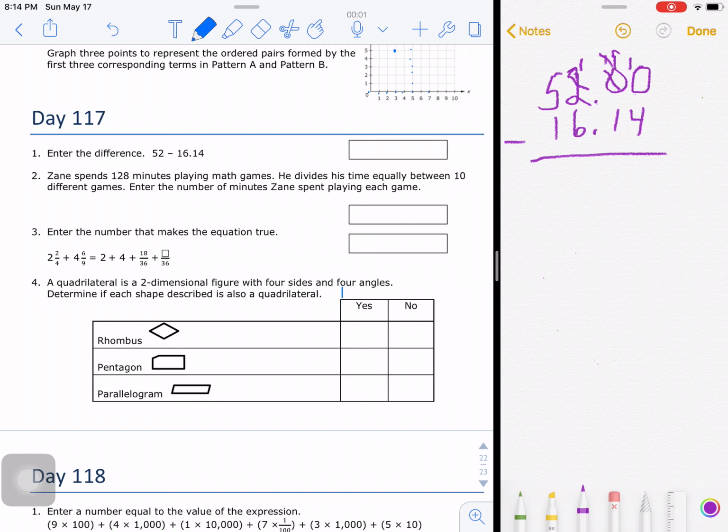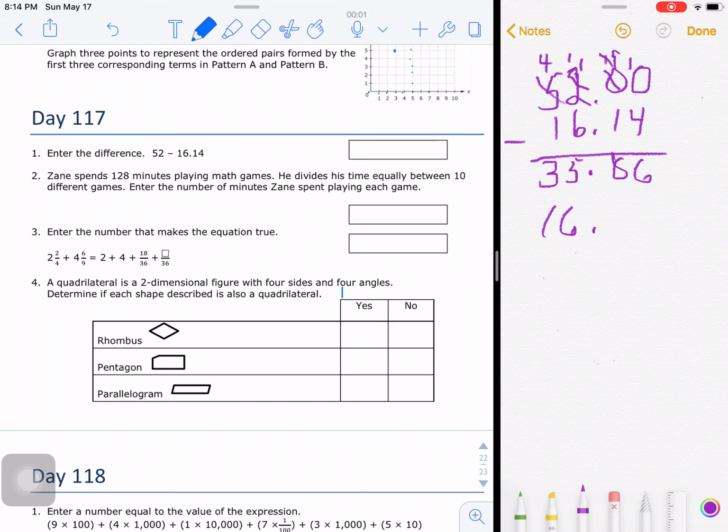So 10 minus 4 is 6. 9 minus 1 is 8. I cannot take 6 from 1, so I have to borrow again. And 11 minus 6 is 5. So I have 35 and 86 hundredths. Now I want to check my answer by adding back up.